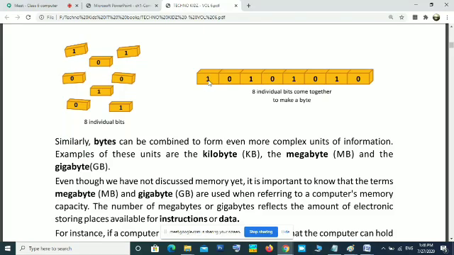This is 1 bit. 1 bit can store a maximum of 2 states, on or off. Then 2 bits can store 4. Then 3 bits can store 8, then 16, 32, 64, 128, 256, 512. Like that we will be multiplying by 2.